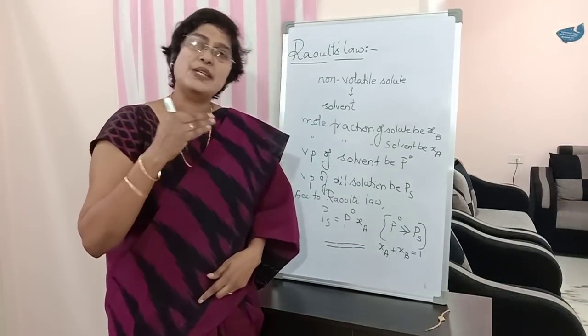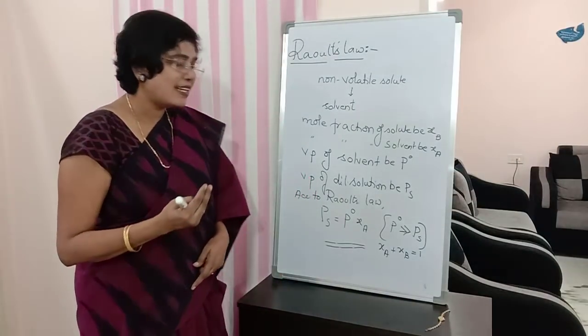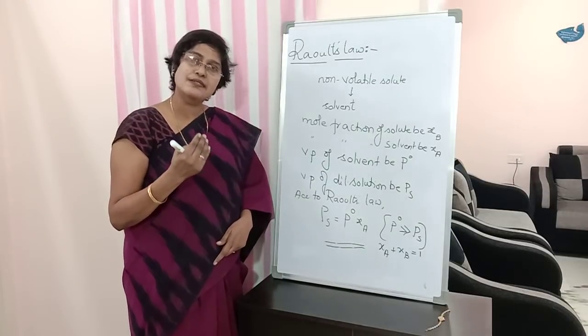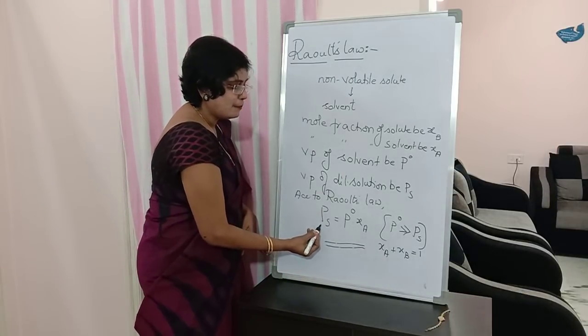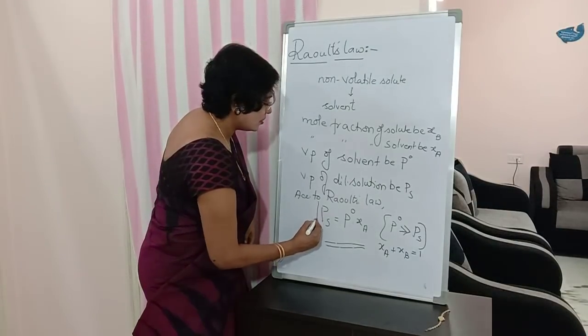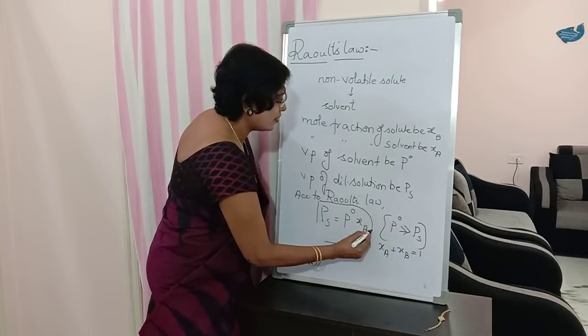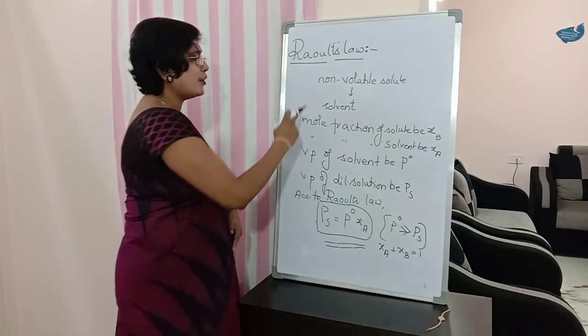That means XA or XB will obviously be less than 1. Therefore, PS is equal to P naught into XA, according to Raoult's law. Written? So all these points are written, students.